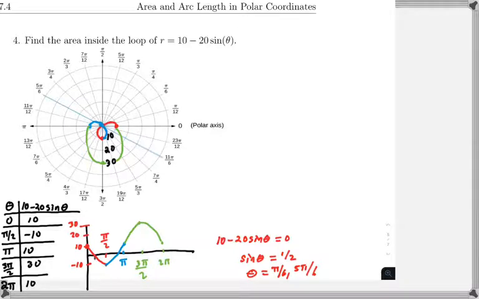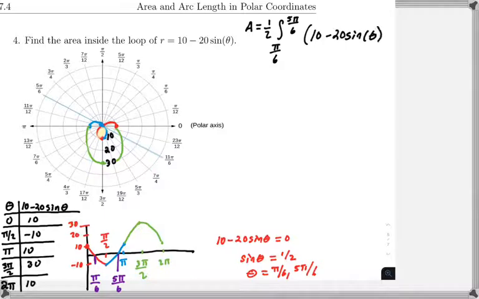Okay, and we want to find the area of the loop, which is going to go from pi over 6 to 5 pi over 6. So the area is going to be 1/2 integral from pi over 6 to 5 pi over 6 of 10 minus 20 sine of theta, squared, d theta.